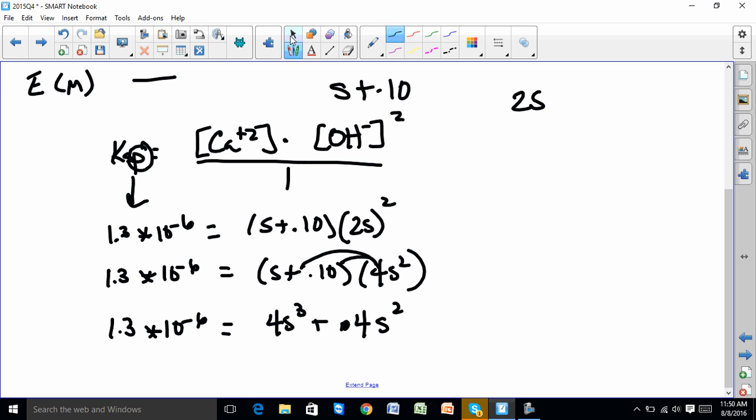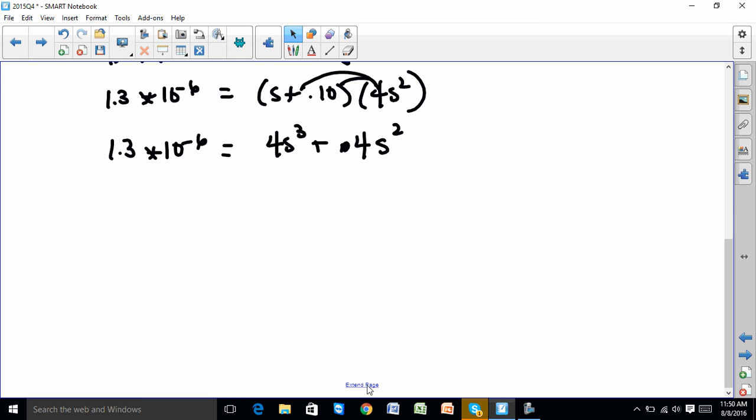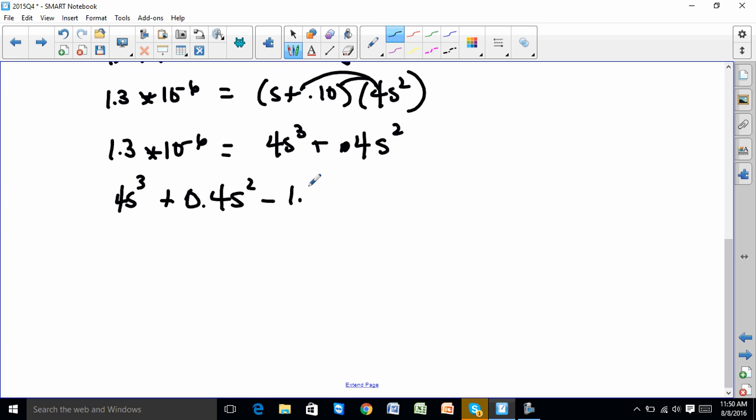Instead of making the approximation, every graphing calculator has a solver function. We're going to put in 4S cubed. By the way, some of you are high-powered ones, and you don't have to have a 0 on one side, and you can just plug this in. But I'm just going to do like the TI-84. In order to use solver, one side has to be 0. So this plus this, and then this comes over.